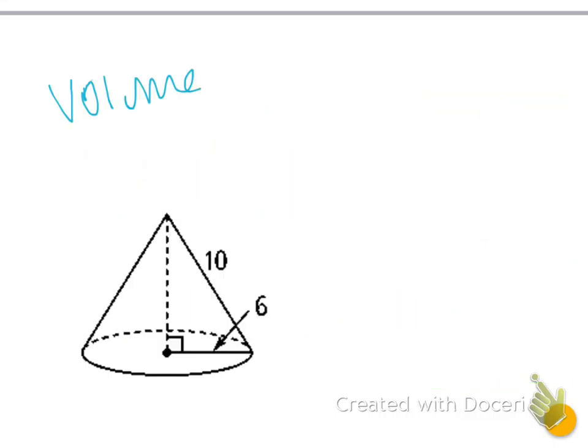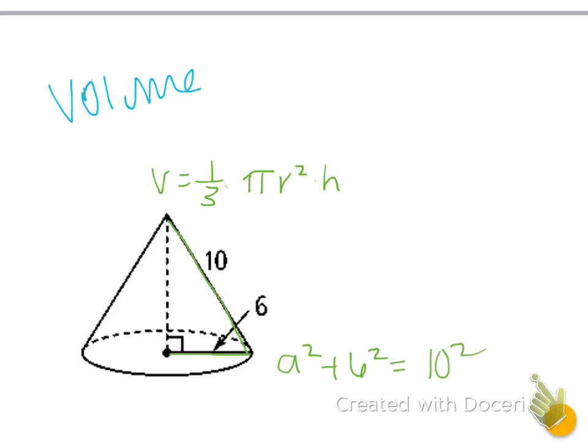Okay, so I'm going to rewrite my equation. 1/3 times pi r squared times my inside height. Here I have my slant height on the side, so we need to use our Pythagorean theorem. a squared plus 6 squared equals 10 squared, because that 10 should be my c since it's sitting across from my right angle. So a squared plus 36 equals 100, subtract 36. a squared equals 64, square root both sides.